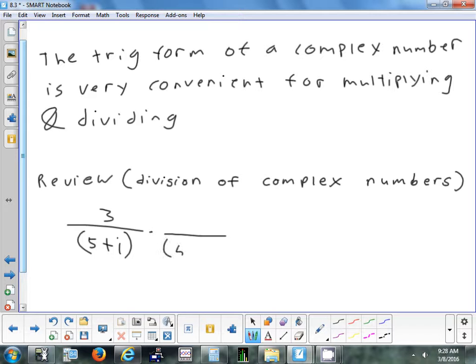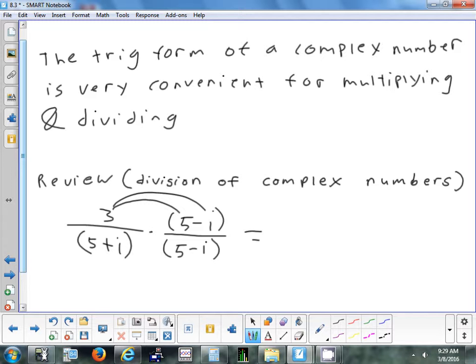Good. Now, keep in mind, this one's not even that bad because you don't have a complex number in the top. You don't have a complex number with a real and imaginary part, so to distribute, that one's very easy. If I had a complex number in the top here, I would have to FOIL.